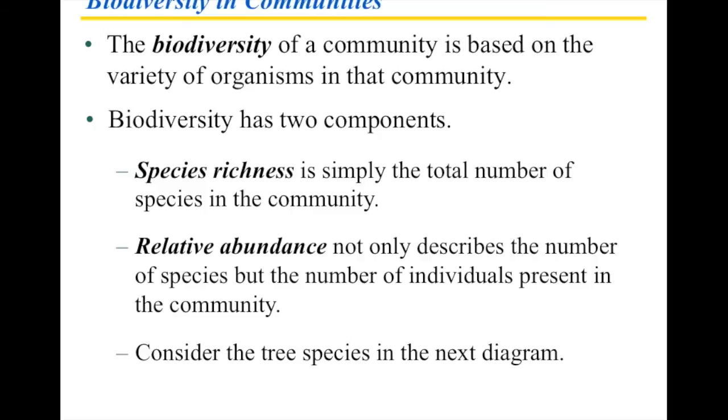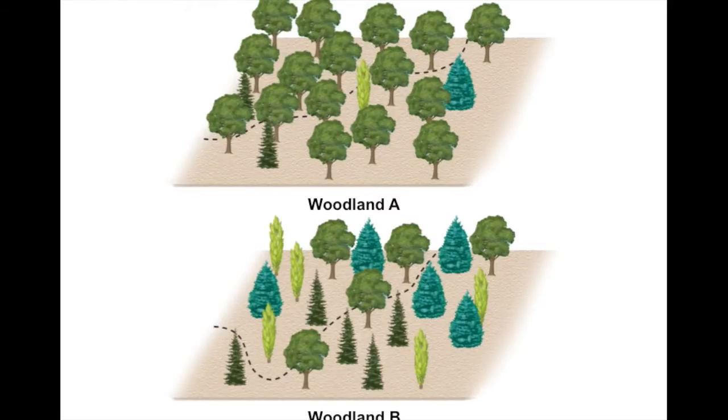Now, in this next diagram, it shows you examples for this. If you look at simply the number of species, you would count 1, 2, 3, 4, and 1, 2, 3, 4 in both. The question is, what do you think would be more diverse? If you looked at woodland A, you can clearly see that there is one of these types of trees that's very abundant.